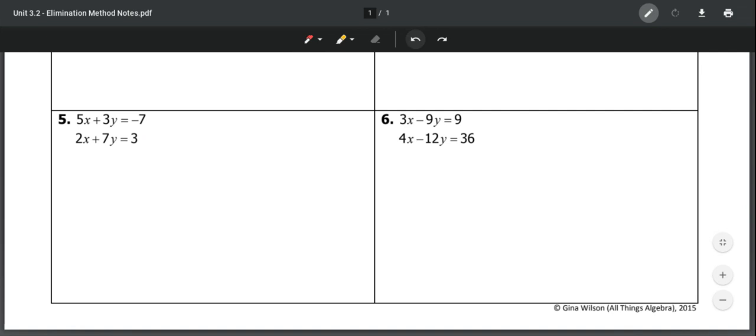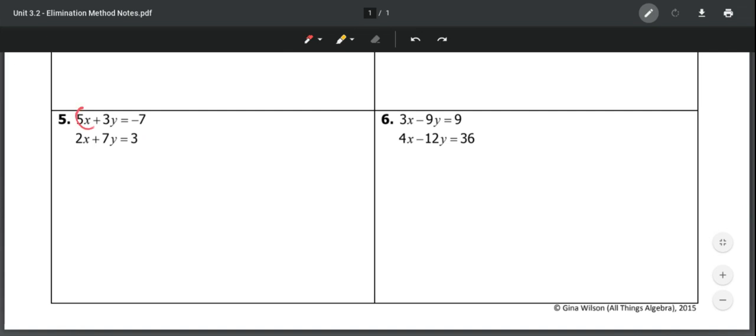So what I suggest you do is just look at your x's. When you have a situation like this, look at your x's. And you need to find a common number for those two, almost like a common factor, that you could multiply something to each of these by and give you a common number.